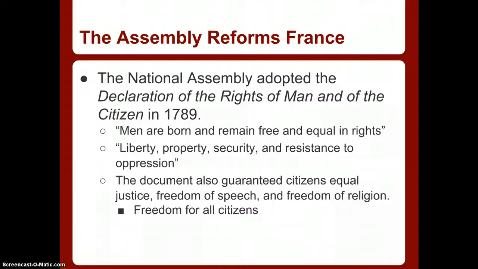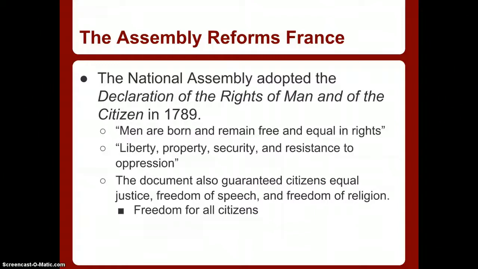Okay, further, in terms of reform, the Assembly adopts the Declaration of the Rights of Man and the Citizen in 1789. And essentially what's included in this is that men are born and remain free and equal in rights. They also have access to liberty, property, security, and the resistance to oppression.